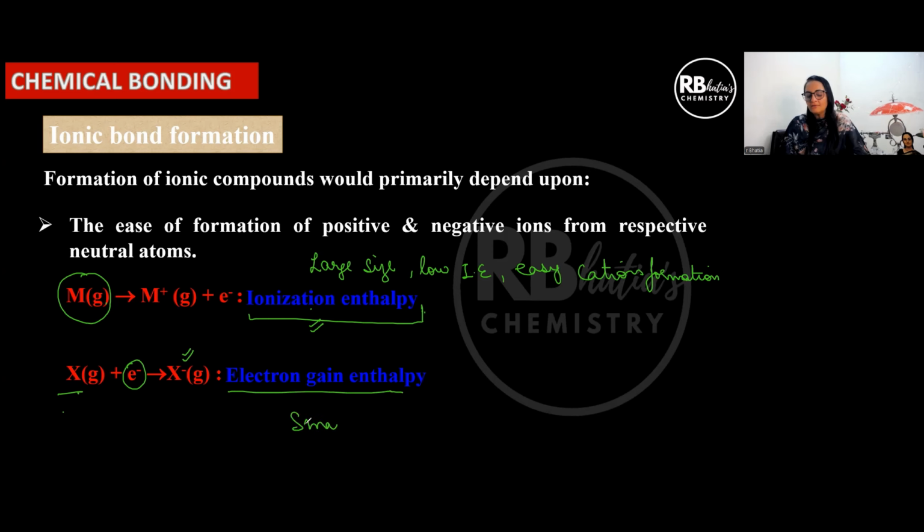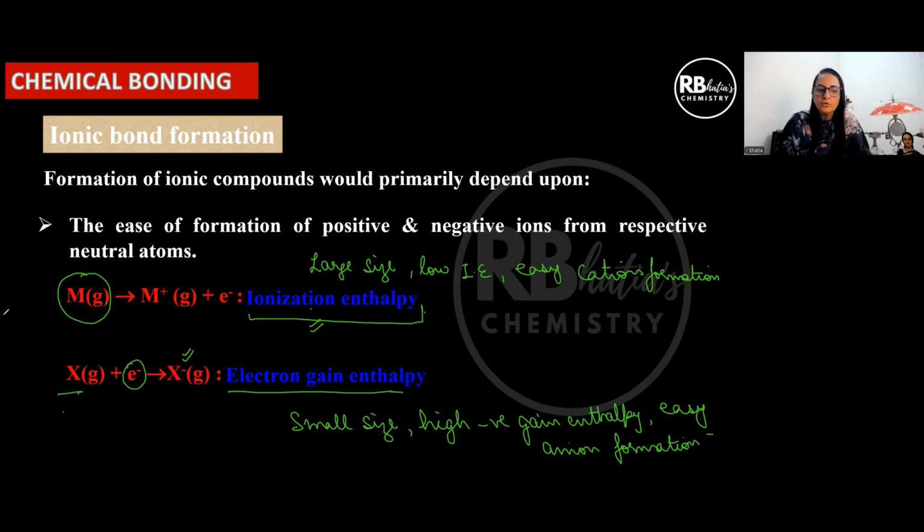So small size of the non-metallic element means high negative gain enthalpy, right? Easy anion formation.